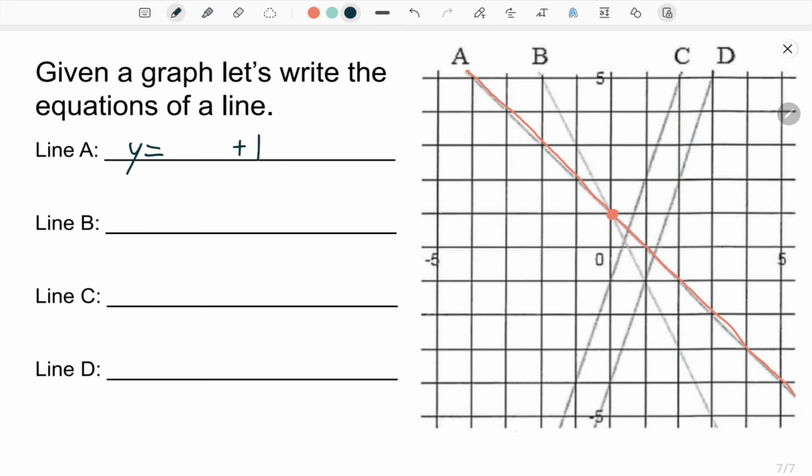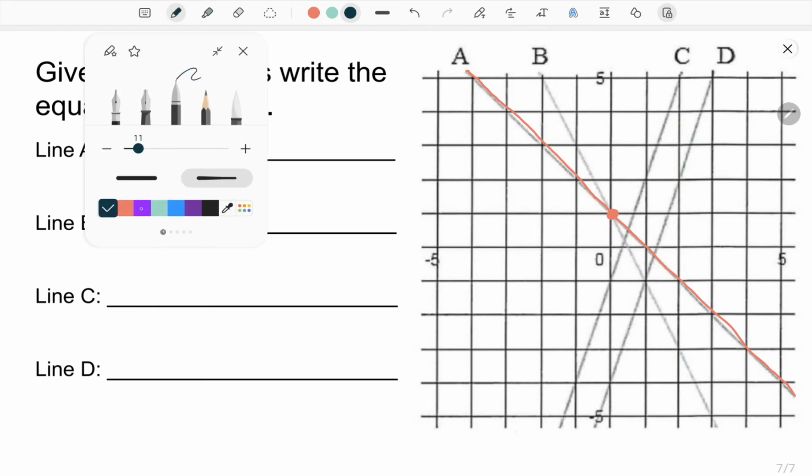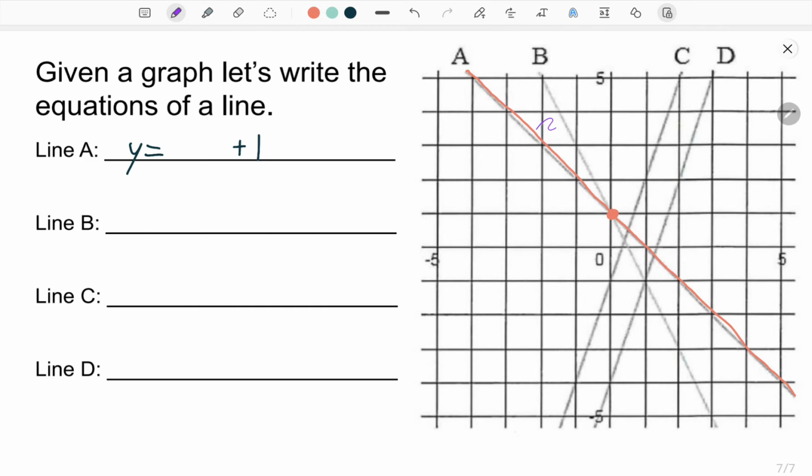Next, we need to see what the slope is. So what is the rise over run? Well, let's just look at any part where it nicely goes over the grid, and then see where's the next point where it nicely goes over the grid. In this case, you can just go down 1, across 1. So down 1, across 1.